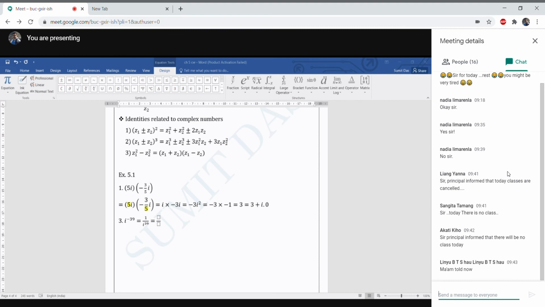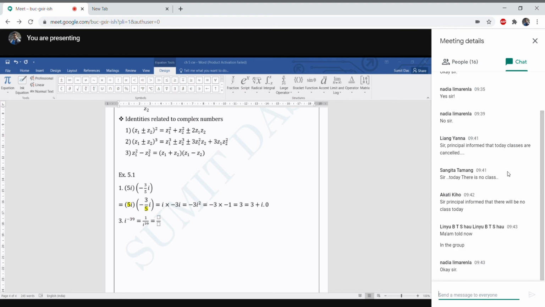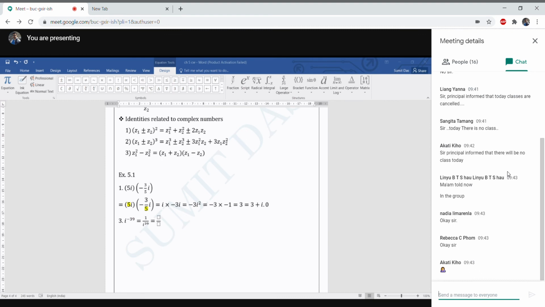I don't think it will be much more problem if I take only 2 or 3 problems. I already started the class today, so it's better to end in a good way, right? Not to end in the middle. So I'll do another 2 or 3 problems, then after the class I'll let you go. I'll tell this to the principal also, because I did not know this before.